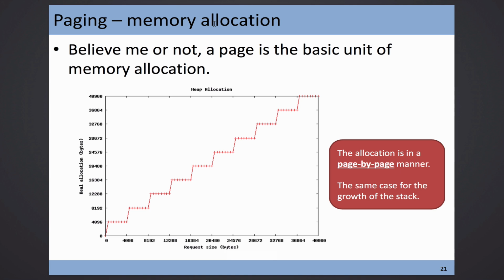Now, this is kind of crazy, right? More crazy stuff is this allocation does not just happen inside your heap area, it also happens in the stack and in global variables. Let's say you want to have a global variable which is 1000 bytes, actually you got 1 page.